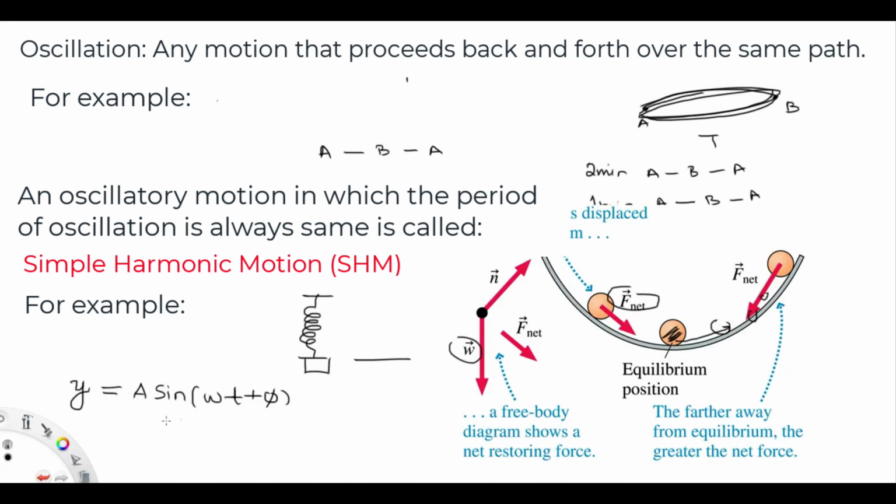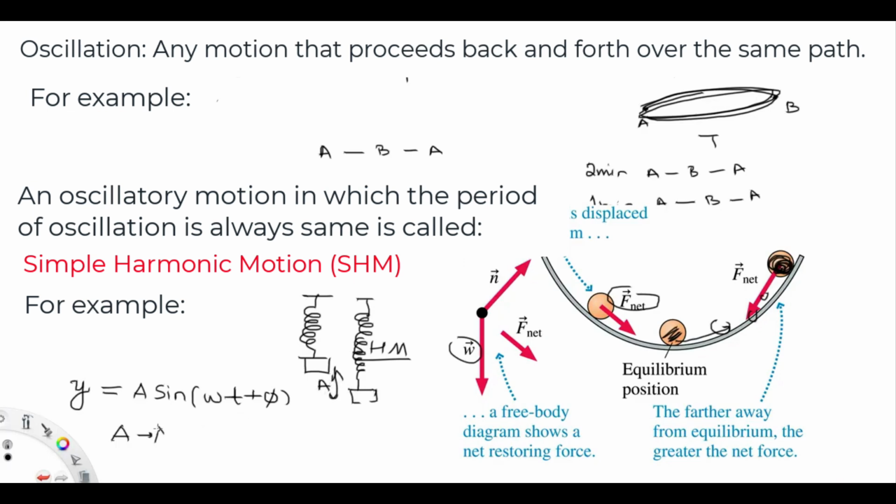In this equation, a is the maximum displacement, the farthest it can go. This is the amplitude. Like in the case of a spring, if the spring can go up to this point from its equilibrium, then this would be the amplitude.